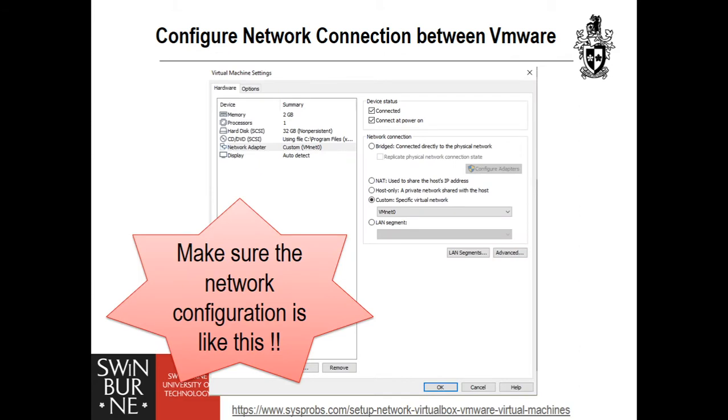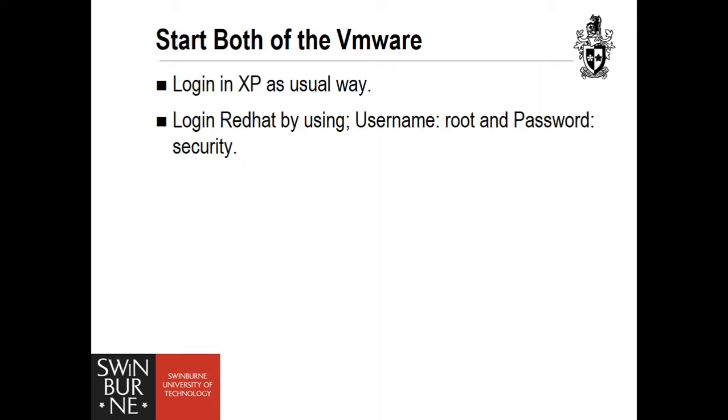After opening the images, we may configure the network connection between the VMware machines. So this is the procedure. We just make sure the network configuration is exactly like this. After the configuration, we may start both of the VMware.